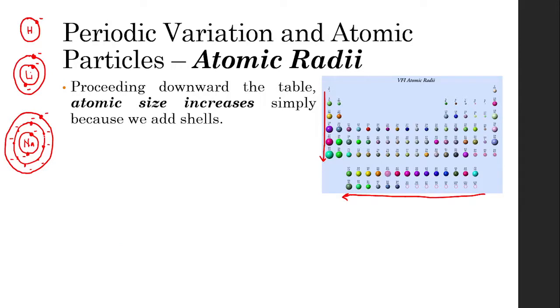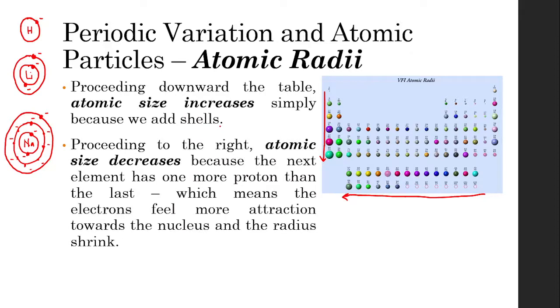And what you notice is they're increasing in size. So the periodic table is actually showing you the size of the atom: by going downward in the periodic table, and by going from right to left, the atomic size is increasing.